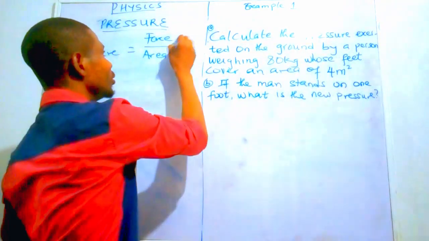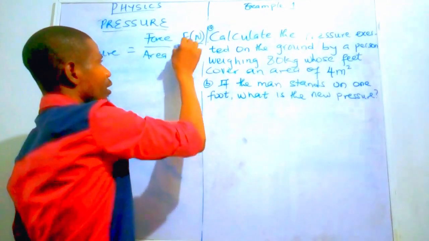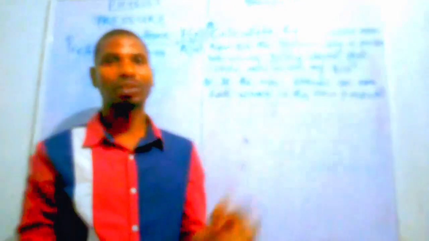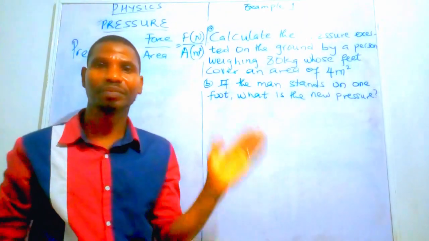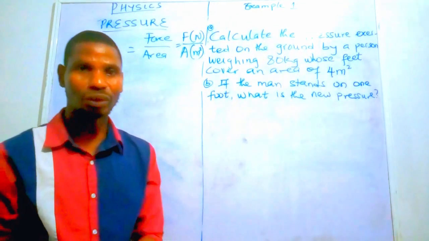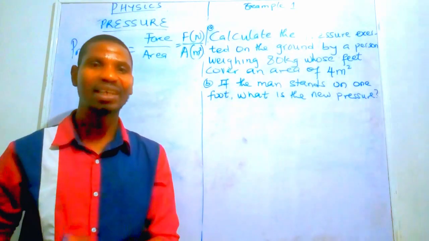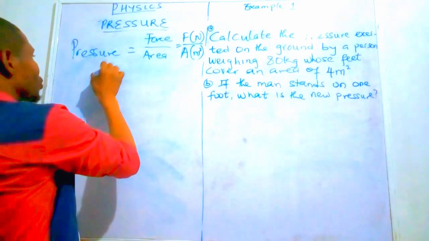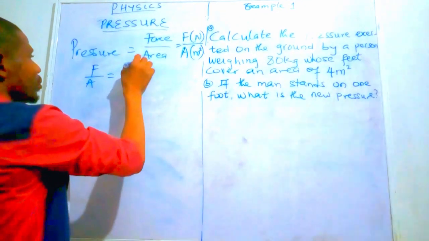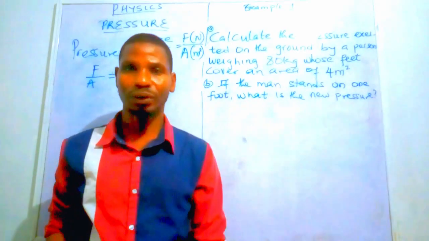Force F in Newton, over area in meter square. It therefore means that the SI unit of pressure is Newton per meter square. F over A, which is Newton per meter square. That is the SI unit of pressure.